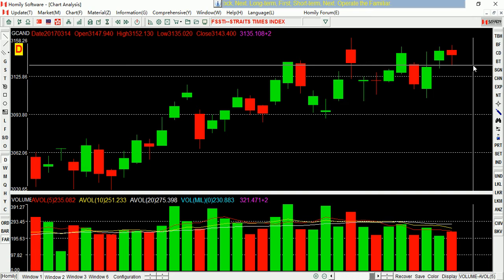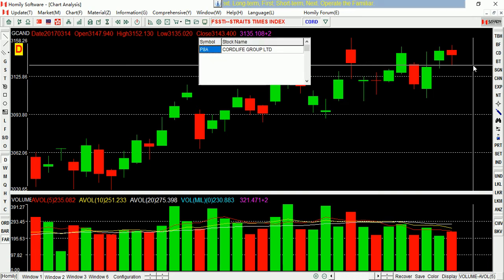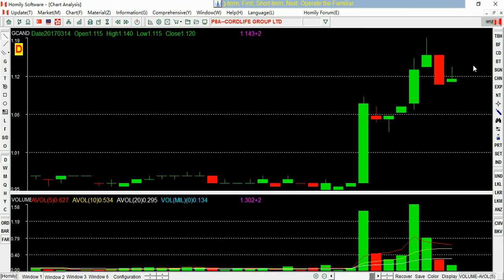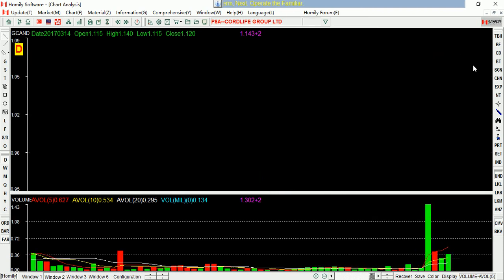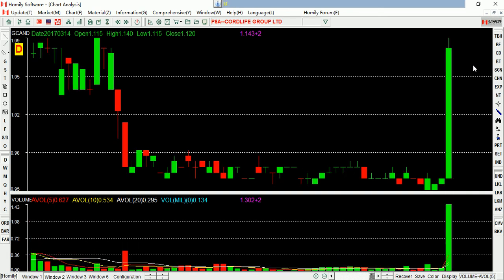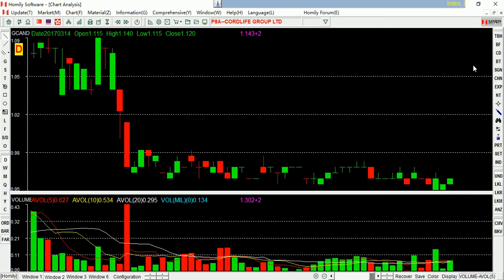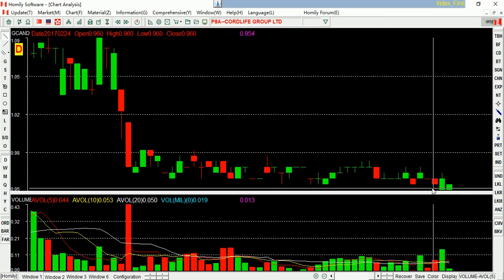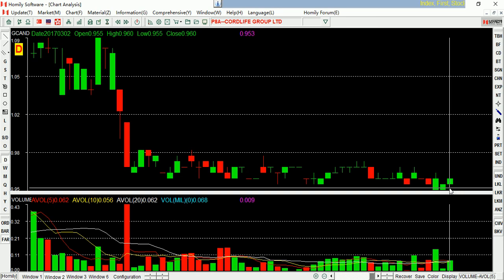Okay. So let's see some individual stock. Let's see Cause Life. So we can see this candlestick is bullish or bearish. Okay, later I will show you how to catch this stock like this. Okay, so we can see here 2 bearish one, 3 bullish candlestick, uptrend or downtrend.